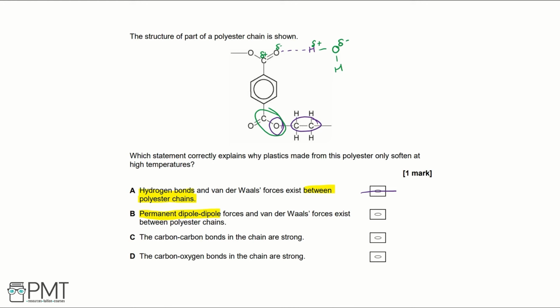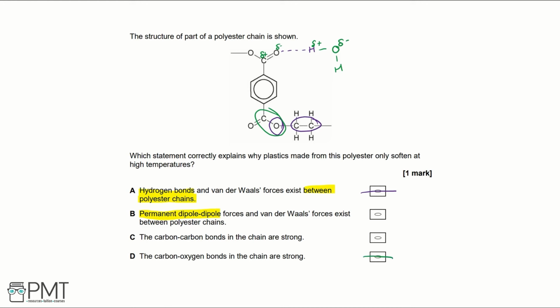If you hydrolyze an ester or a polyester, it will break down into a carboxylic acid and an alcohol if you use acid hydrolysis. If you use base hydrolysis, you'll get the salt of the carboxylic acid and the alcohol produced. But this carbon-oxygen bond is very easy to break, so it's not strong, and therefore D is incorrect.